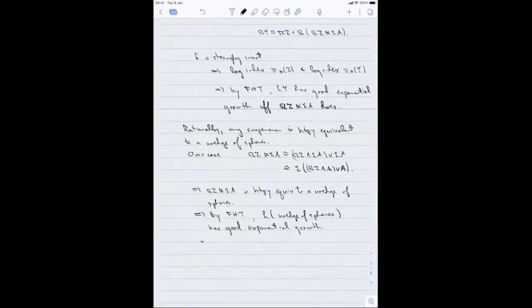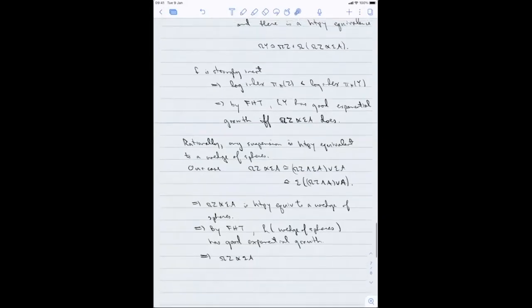And therefore, so does our space loop Z half smash suspension A, knowing that we had this condition that neither Z nor A was rationally contractible. So A not being rationally contractible means at least one of the spheres has to come from here, and you have to have at least one sphere here. So this has good exponential growth.